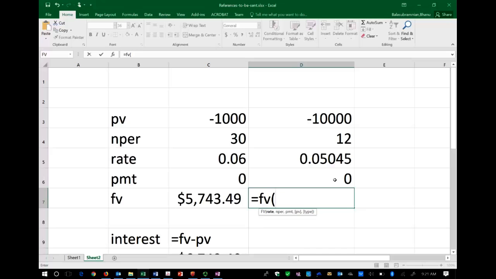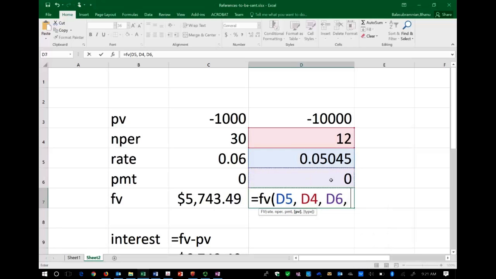All right. So, rate, take the rate, comma and a space, number of period 12, space, present value. Before present value I think I should get the payment, right.